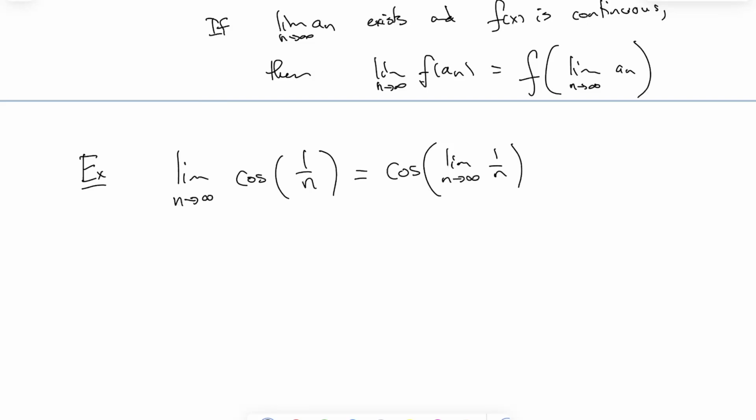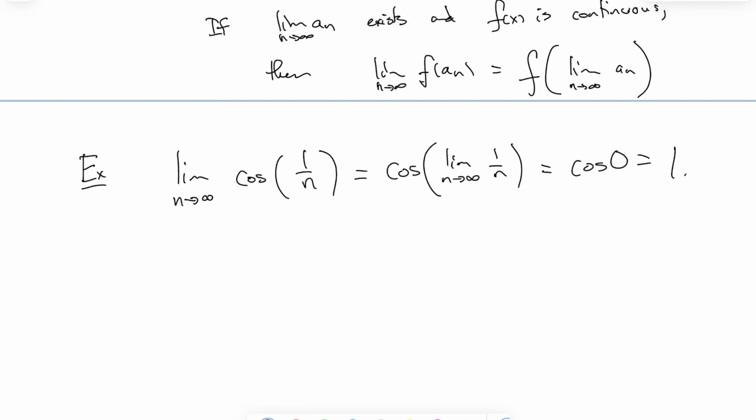All I care about is what happens to the 1 over n when n goes to infinity. And what is this? This inner limit is 0, because this is like 1 over infinity. So this just turns into cosine of 0, and the answer is 1, because that's what cosine of 0 is. So this is an example of pushing the lim inside of a continuous function. Like I said, this is something that you will naturally do without really thinking about it. But if you want to be technical about it, that is what you're doing.